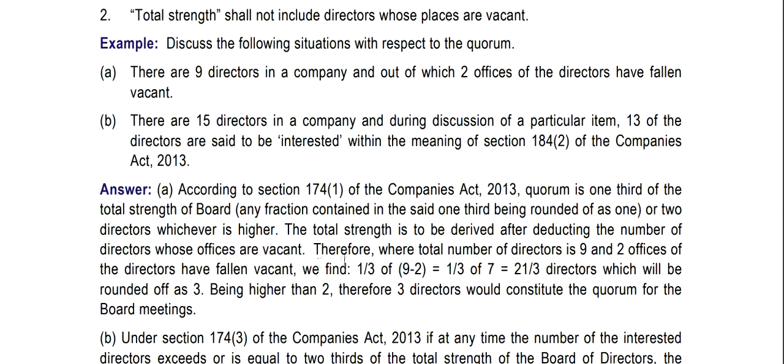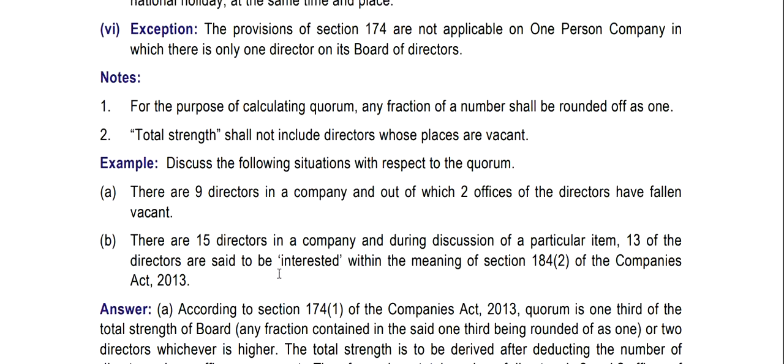This is the point. Therefore, where the total number of directors is 9 and 2 offices have fallen vacant, we find 1/3 of 7, which will be rounded up as 3. 1/3 of 7 being higher than 2, therefore 3 directors would constitute the quorum for the board meeting.